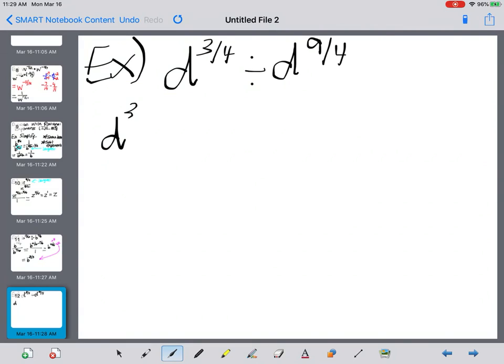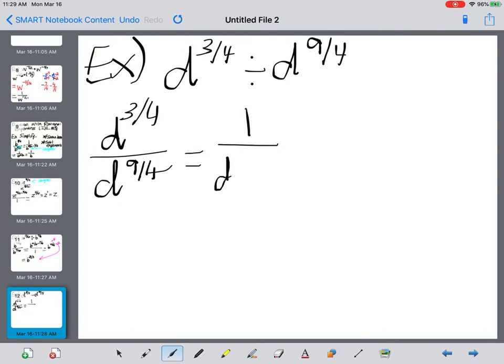So d to the 3/4 over d to the 9/4. Ooh, all right. So on this one, however, the bottom 9/4 is greater than 3/4. So that means we're just going to put a 1 on the top, and we're going to do all of our action on the bottom.